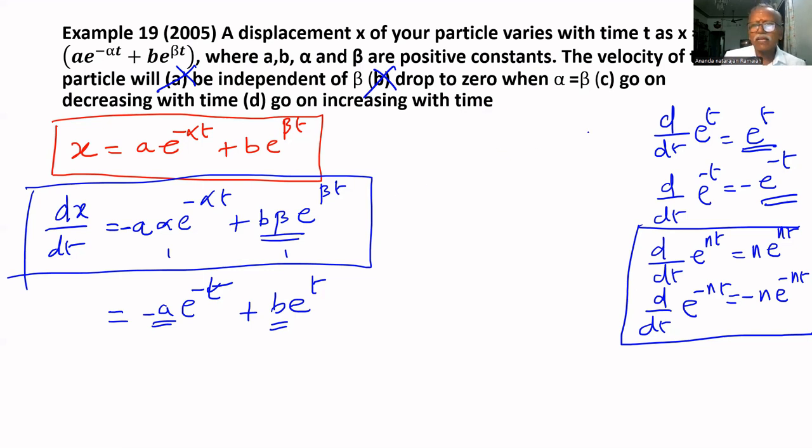Next, it says go on decreasing with the time t, or go on increasing with the time t. So we have to increase the time and find the answer.